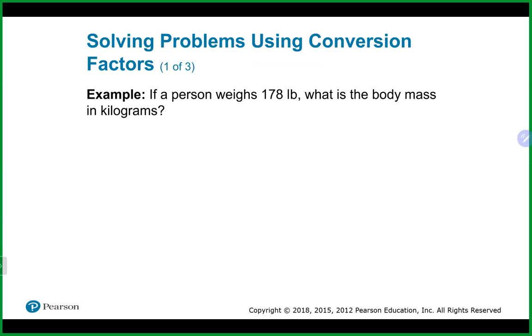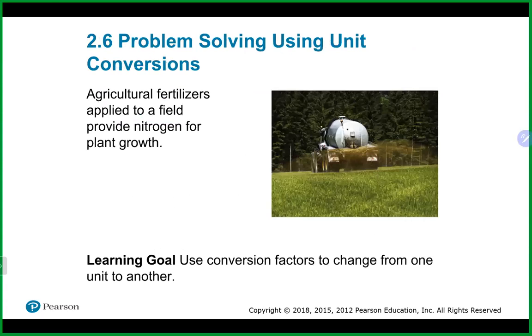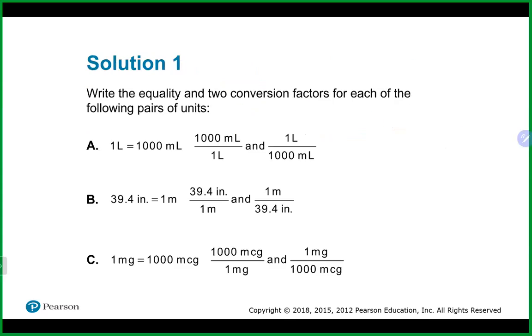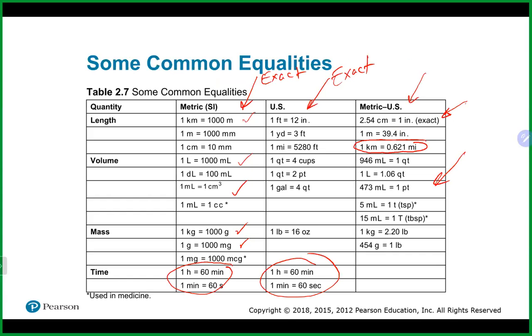So let's try this one here. If a person weighs 178 pounds, what is his body mass in kilograms? So again, you may want to come back to our table there and look for a conversion factor between pounds and kilograms, which might be right about there.